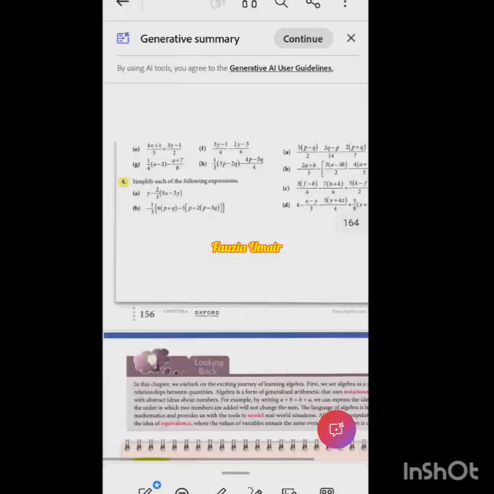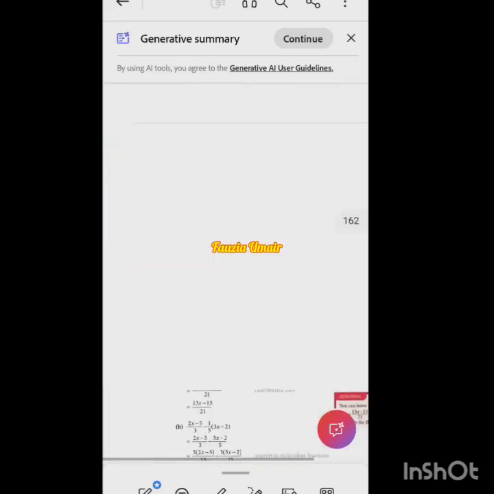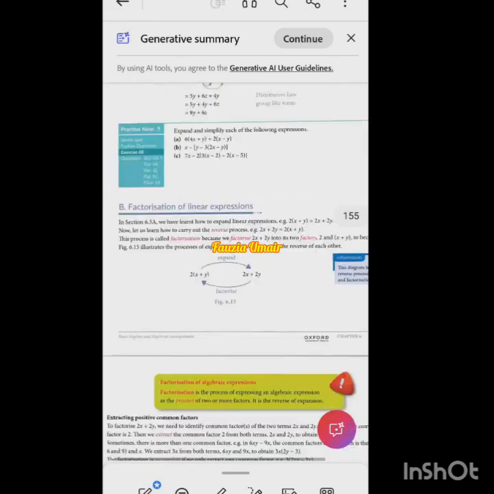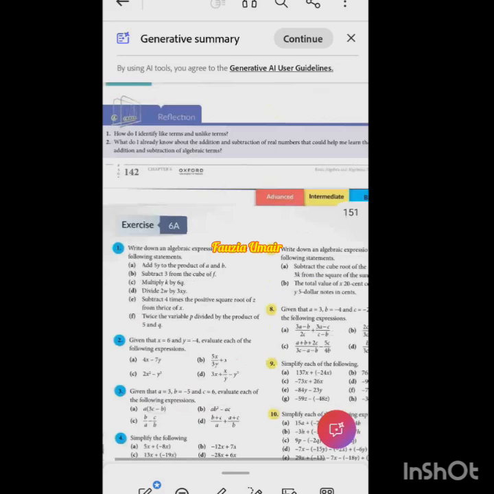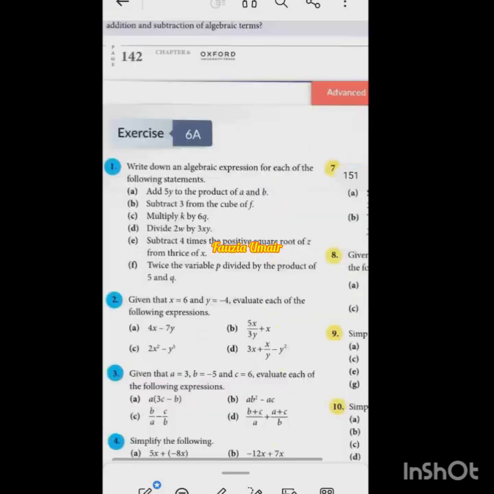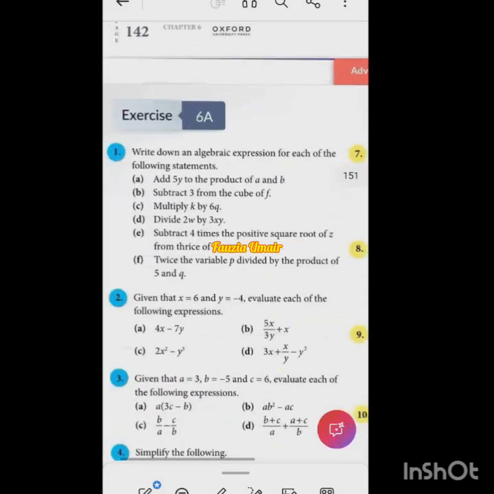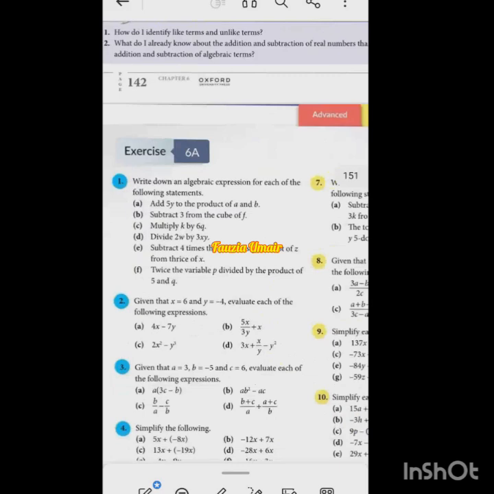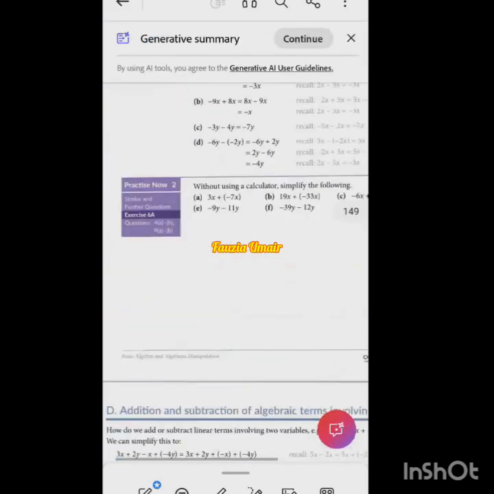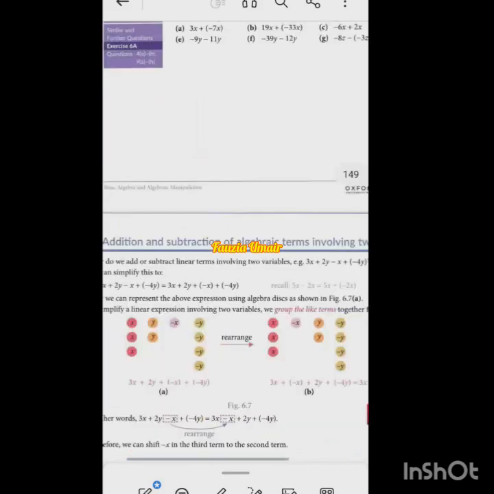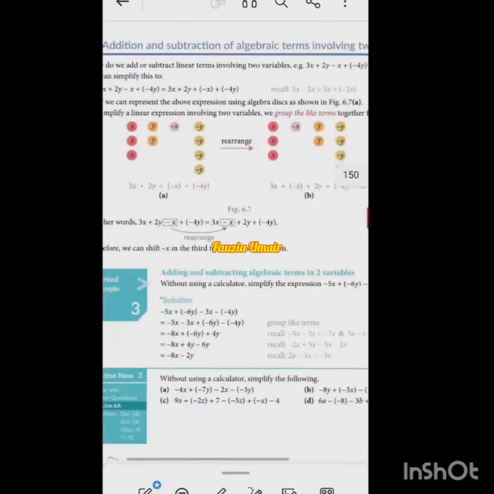So tomorrow, before starting the next questions, let's go through the introduction of algebraic expressions from the book also, right? Okay, ma'am. So this is exercise 6A. You can see these are the questions. We can do this tomorrow, and we will start with the introduction so that you have an idea.